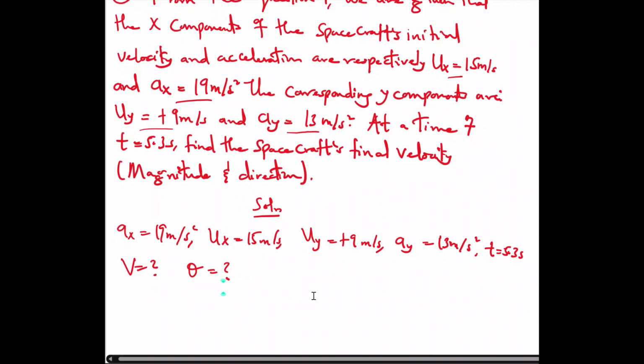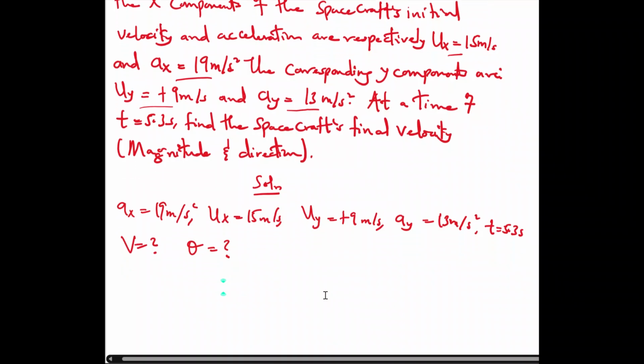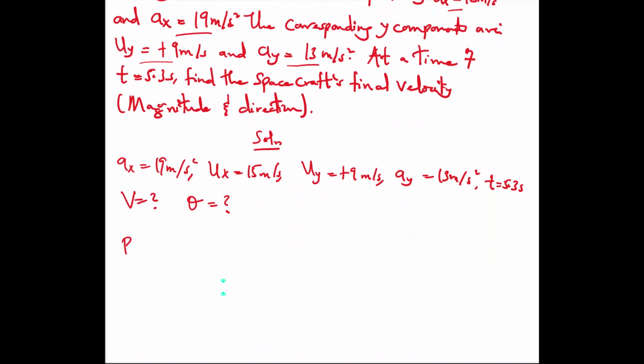So we need to note that the final velocity has a y component and an x component. We know that final velocity is a vector quantity, right? So the vx and vy are going to form a right angle triangle.